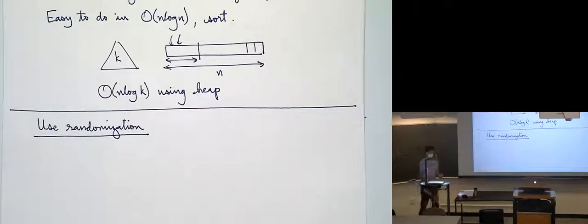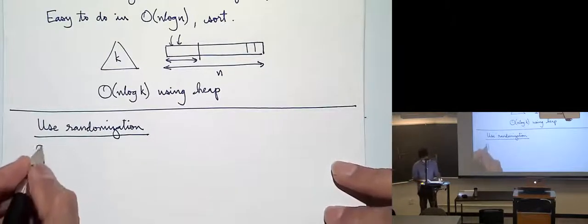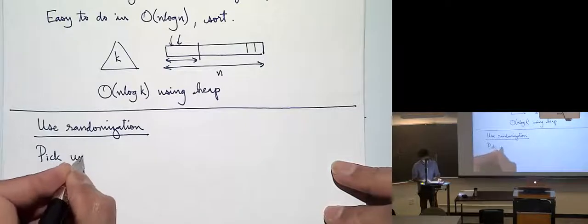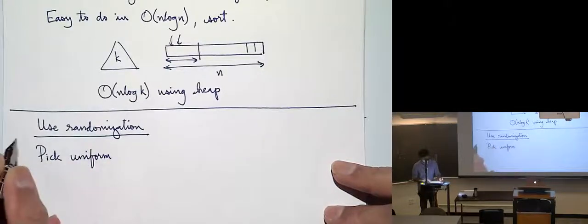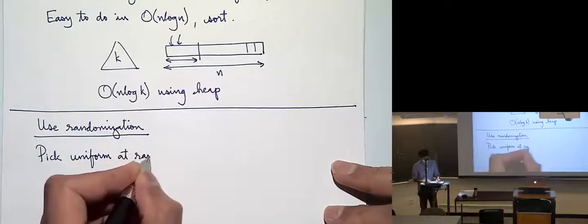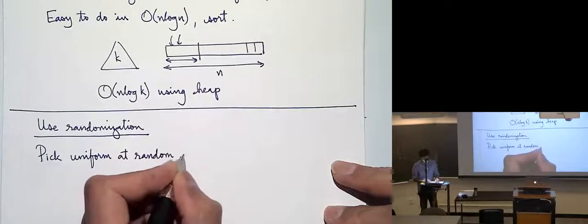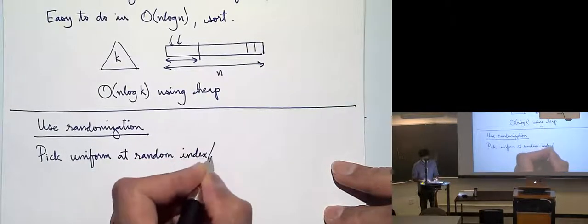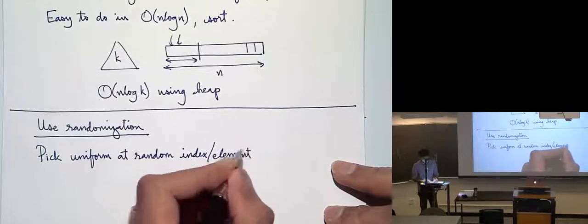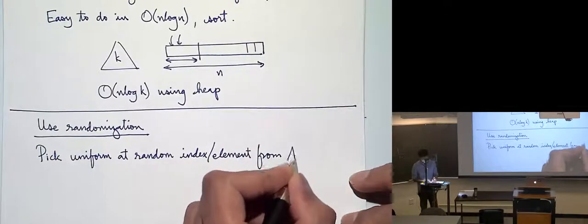So here's the idea: pick a uniformly random index, or basically element, from A.